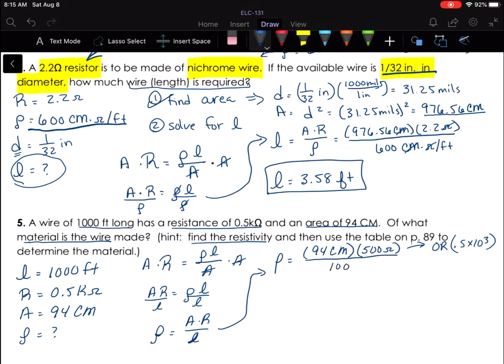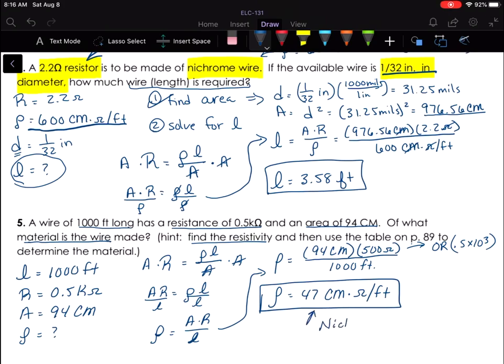Divided by the length, and it looks like we have about 47 circular mil ohms per foot. And if we look at our table in our book, it appears that that represents nickel. So we must have nickel wire there.